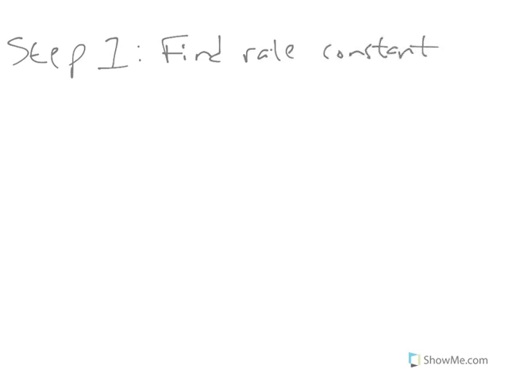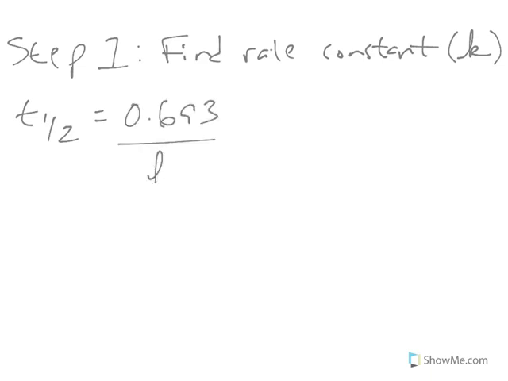Step one, find the rate constant, which is, of course, K. We know our T1/2 expression for any first order decay process is 0.693 over K. And since we're dealing with carbon-14, that has a known half-life, which we covered just a minute ago, 5,730 years.